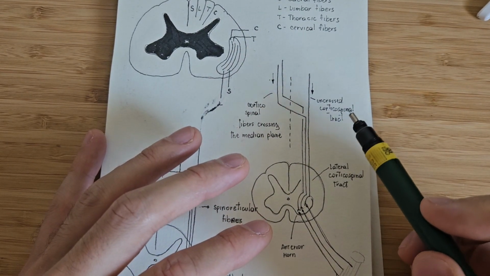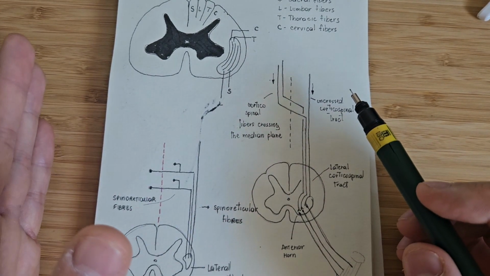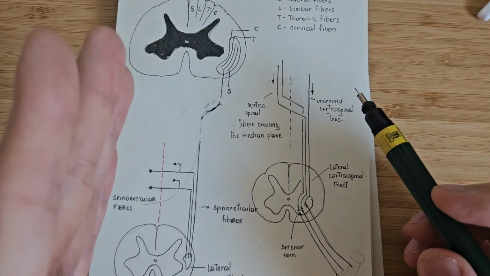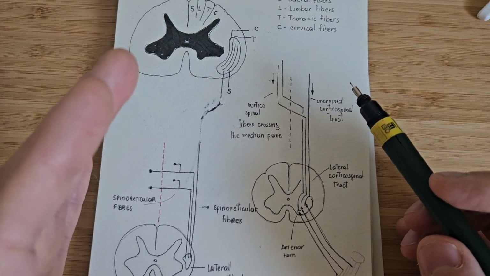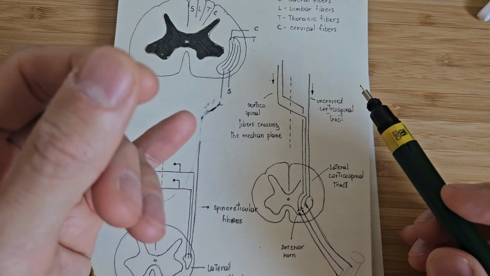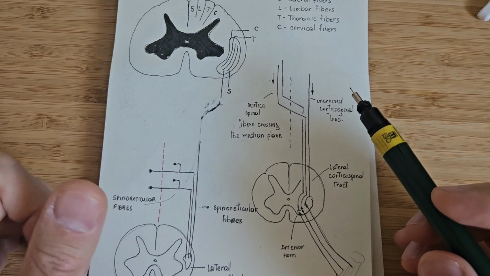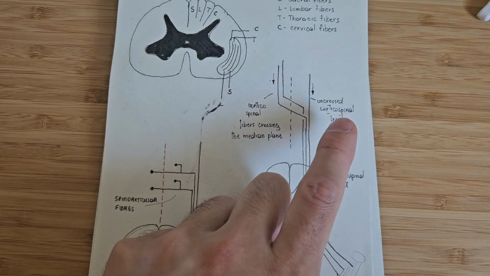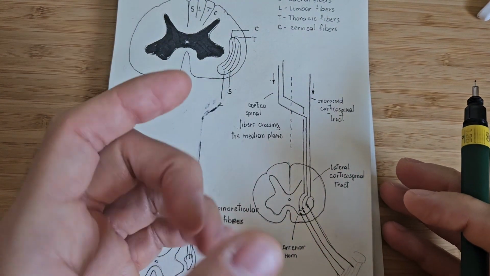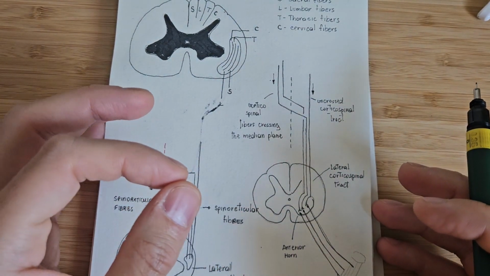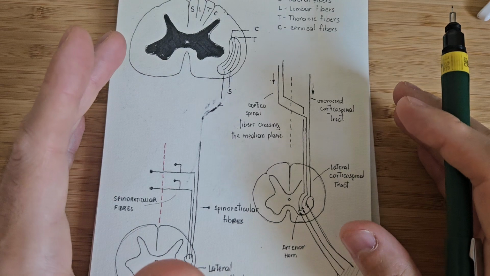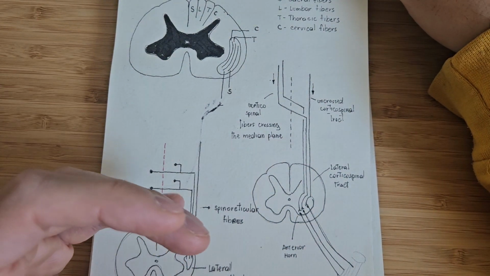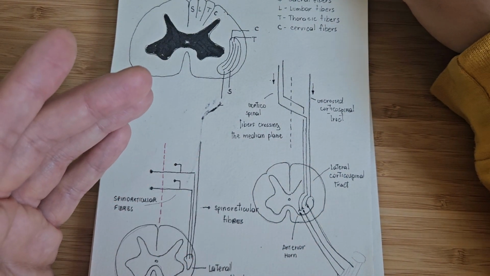These uncrossed fibers are more common in the lower limbs and play a role in fine motor control. So when injured, these fibers can lead to subtle deficits in motor function, especially in the lower extremities, because they are found much more in the lower limbs.